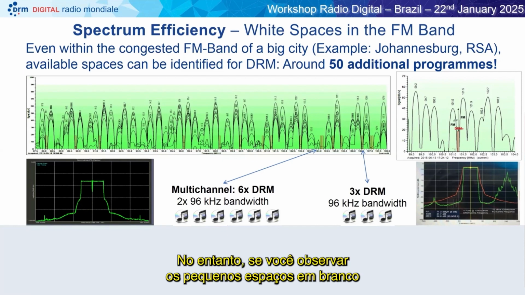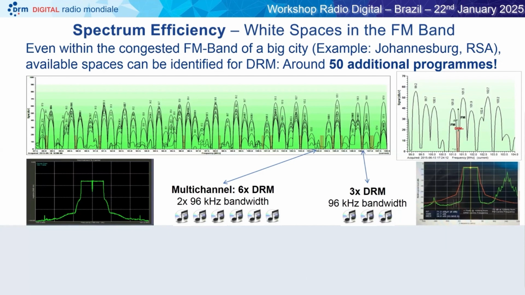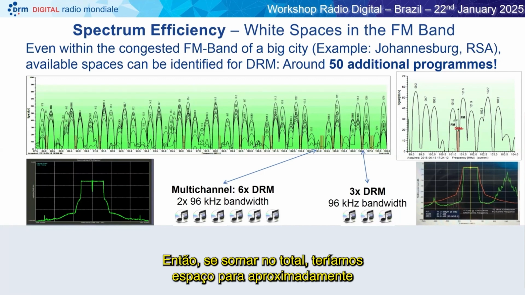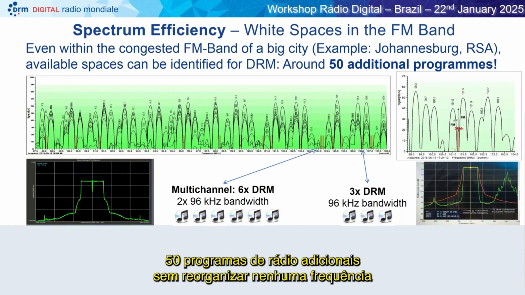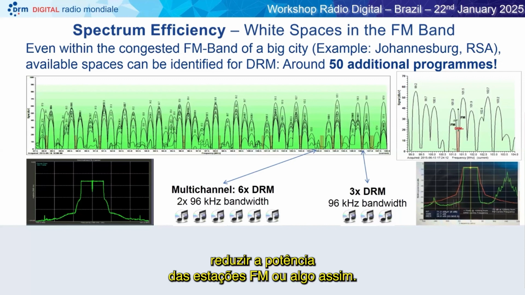However, if you look at the little white spaces that would be there for digital, because the signal is much smaller, you see there is quite a lot of space for digital DRM signals. If you add them up in total, we would have space for approximately 50 additional radio programs without reshuffling any frequency, without trying to reduce the power of the FM stations.